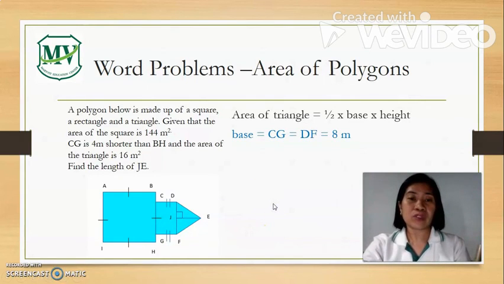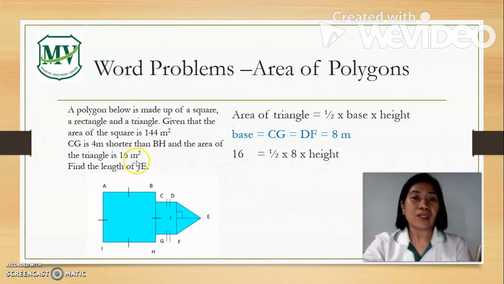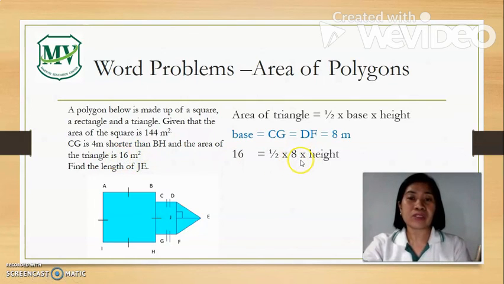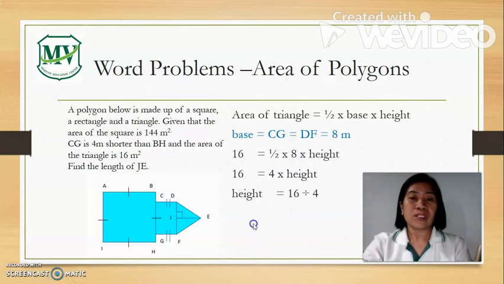So let's substitute the values into the formula. The area of the triangle is 16 square meters. The base is 8 meters, and then we are going to find the height, which is the length of side JE. So height is equal to 16 divided by 4 is equal to 4 meters. So the length of side JE is 4 meters.